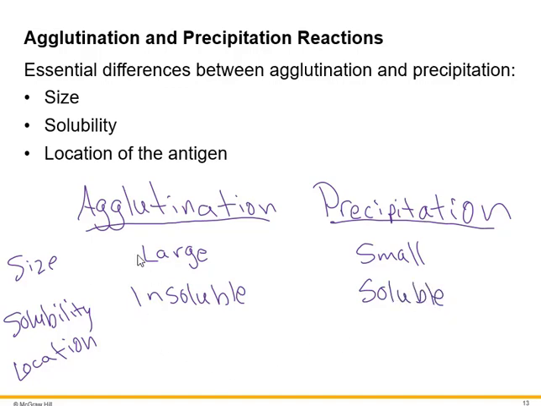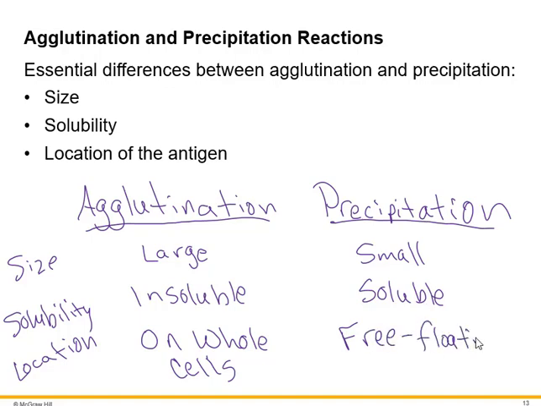And the location, agglutination is going to be on whole cells, whether that's a microbial cell or a human cell. It's on whole cells. And precipitation is free-floating in solution, and not attached to a cell.